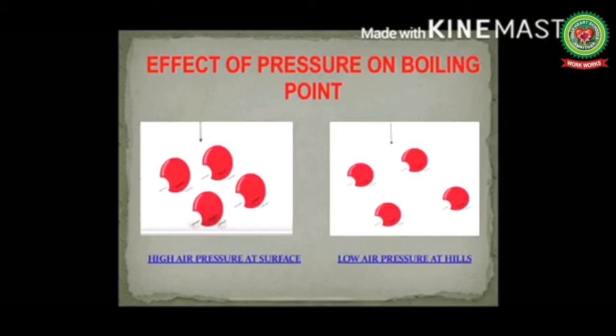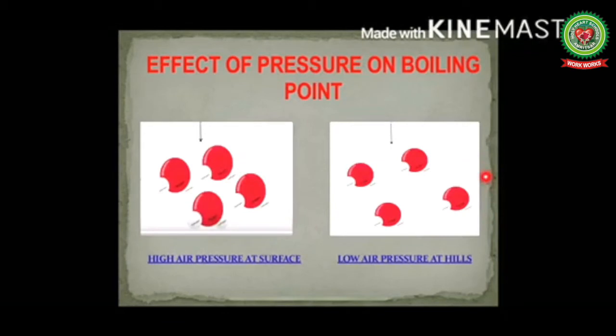So less energy will be given to the water at hill stations to convert water into steam, which directly means that the boiling point of water at surface of earth is more and the boiling point of water at hill stations is less. Water will boil earlier than water boils at surface of earth.